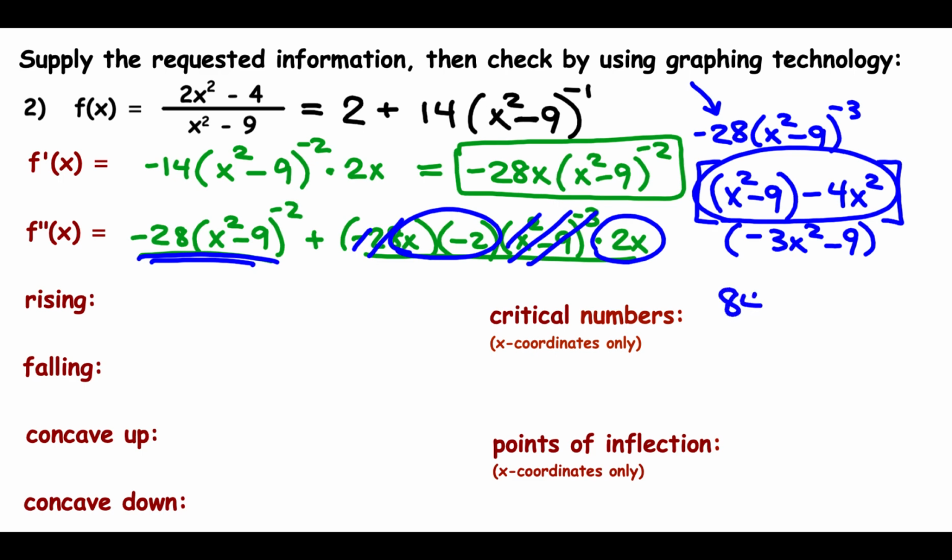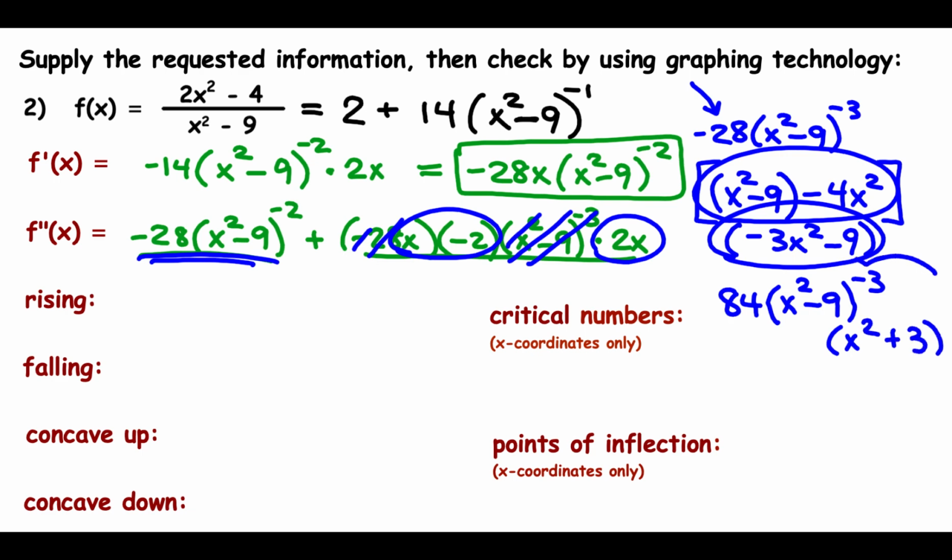This is crazy. X squared minus 9 to the negative third is still there. And then finally, remember I took the negative 3 out of that, so that'll just be x squared plus 3. And that, my friends, is the second derivative. I'll put a cloud around it.